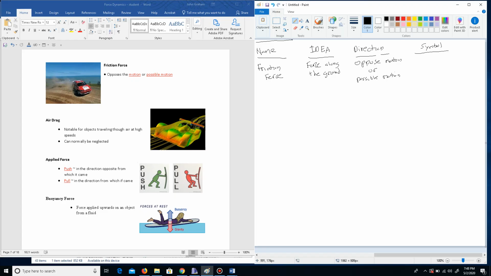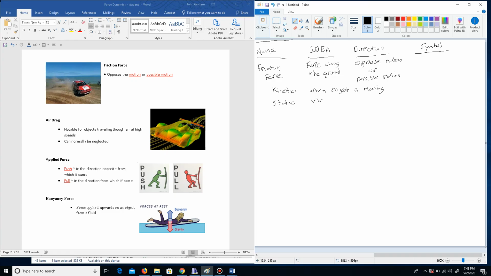Well, you can have two kinds of frictions. You can have what's called kinetic, and this is when the object's actually moving. Or you can have static.